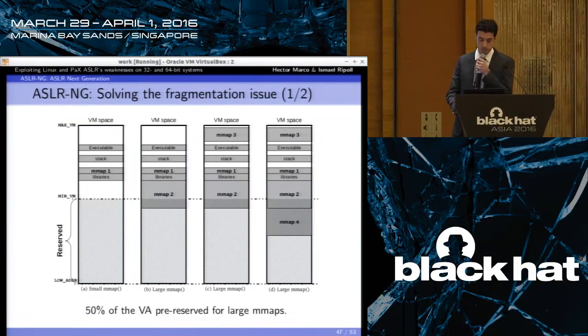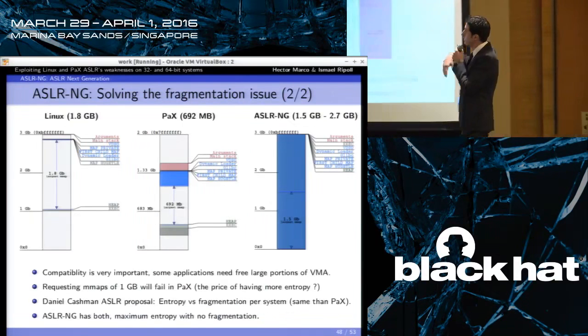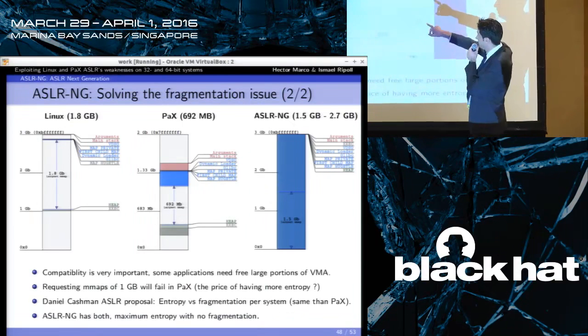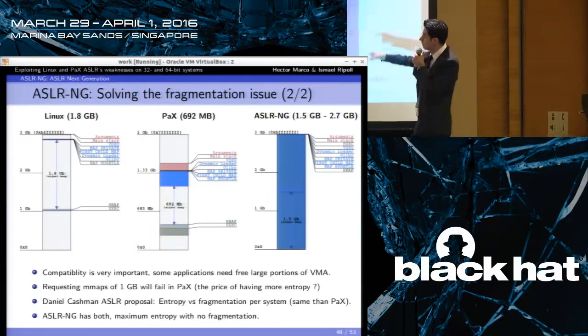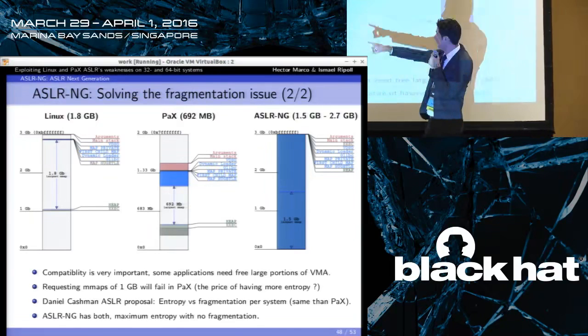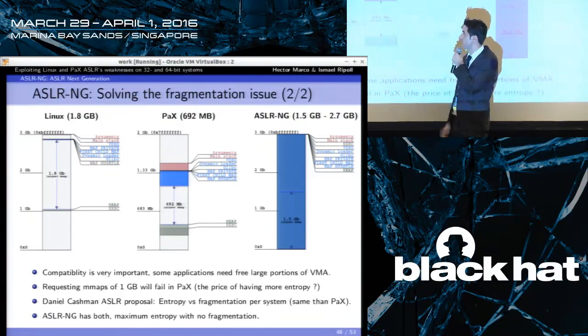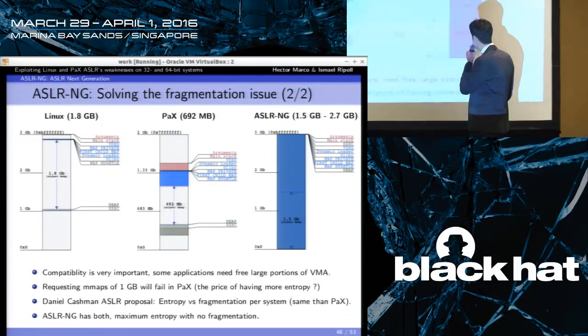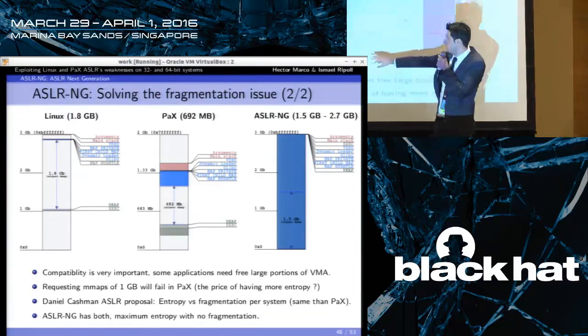So comparing the fragmentation, as we can see, Linux provides almost 2 gigabytes of free consecutive space. PAX is half, more or less, of Linux. And ASLR-NG, our proposal, is half of the virtual memory layout. So I think compatibility is important.